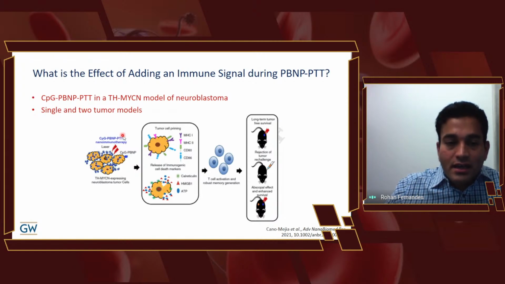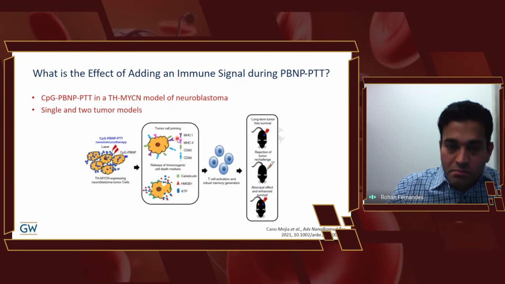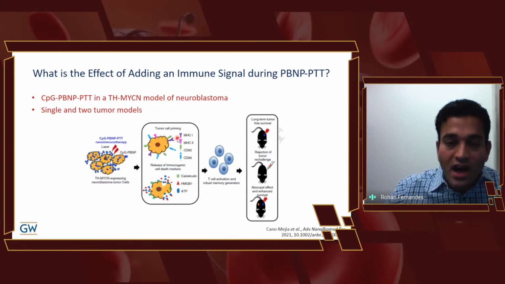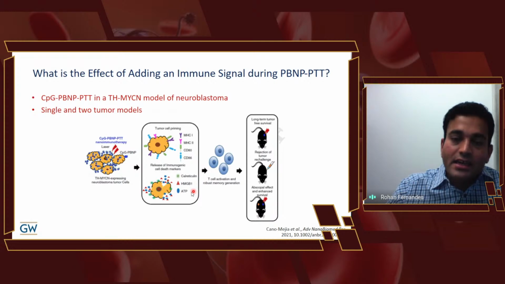And so we see over here with CpG PBNP PTT in this more aggressive Th-MYCN model of neuroblastoma, what ends up happening is this generates tumor cell priming. So the tumor cells themselves upregulate MHC1, MHC2, and co-stimulatory molecules. And as I presented before, we administered them at a thermal dose, this PTT, to generate immunogenic cell death.